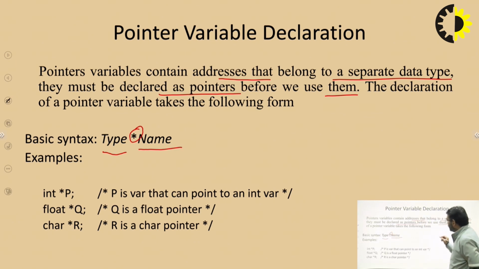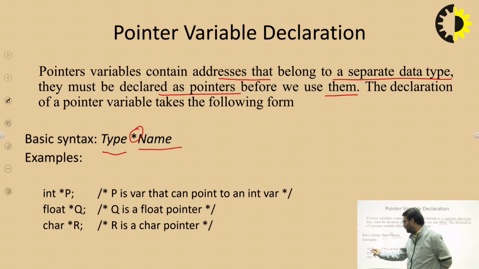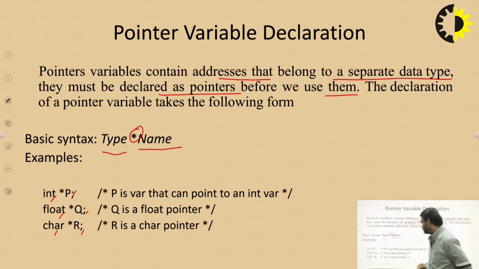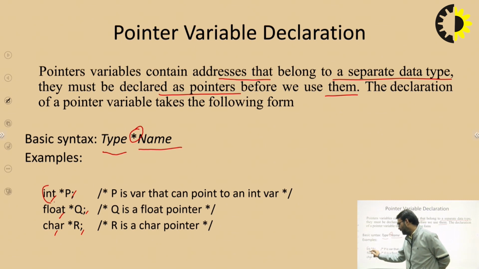So we can declare pointers like this: integer type pointer P, float type pointer Q, character type pointer R. It means the pointer P contains an address, and the value at this address will be integer type.